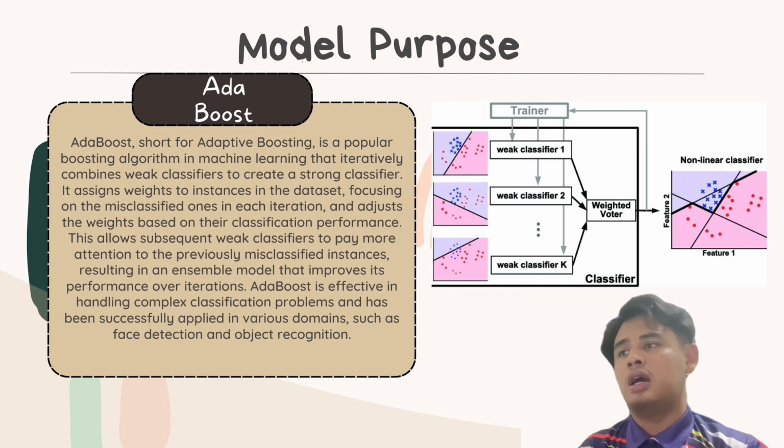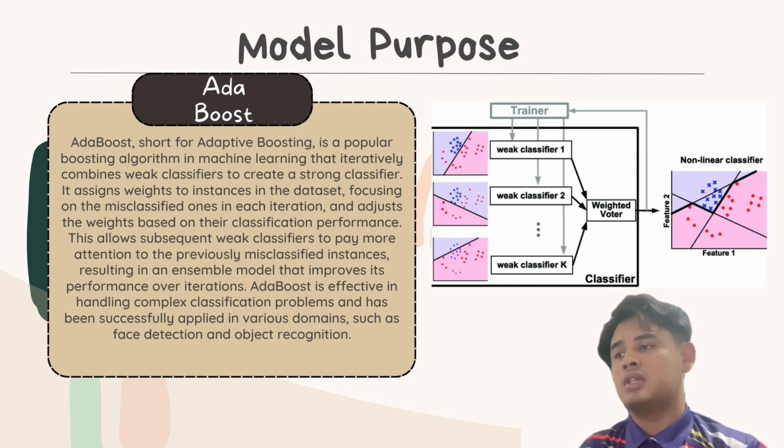Next is AdaBoost. AdaBoost, short for adaptive boosting, is a popular boosting algorithm in machine learning that literally combines weak classifiers to create a stronger classifier. It assigns weights to instances in the dataset, focuses on misclassified ones in each iteration, and adjusts the weights based on their classification performance.